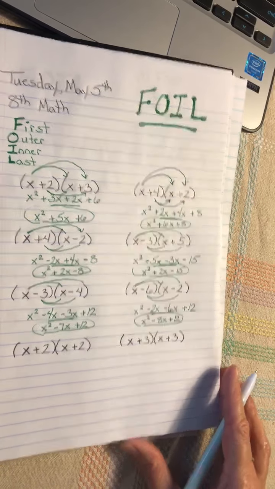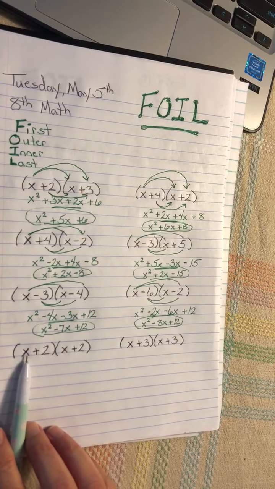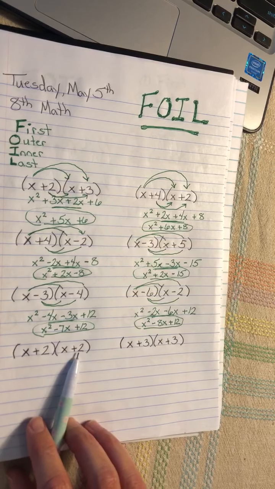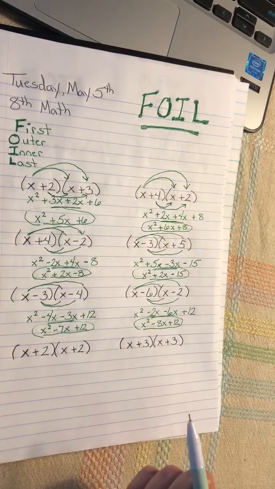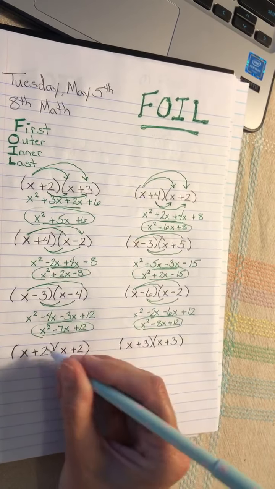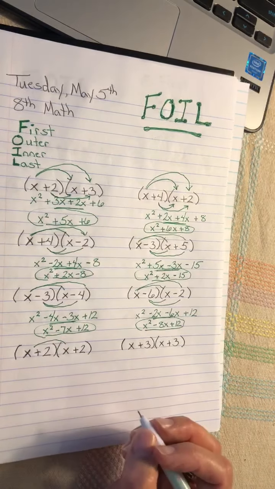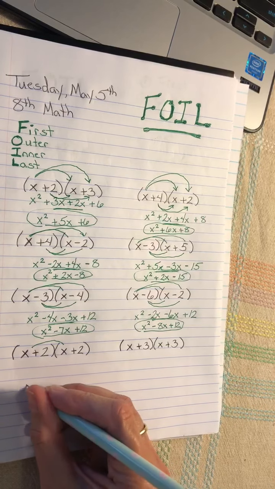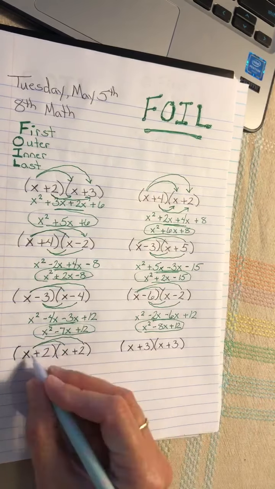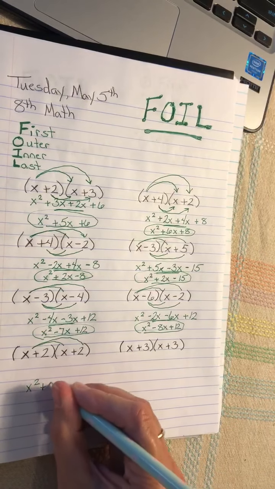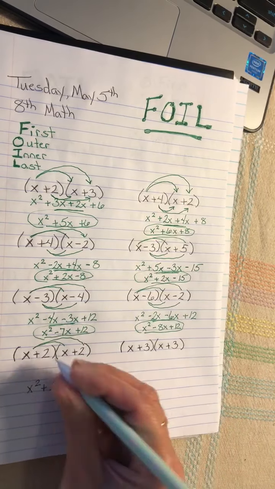Okay, two more for practice. This is x plus 2 times x plus 2, which would be the same as x plus 2 squared. We do first, x times x, x squared. Outer, x times 2, 2x.